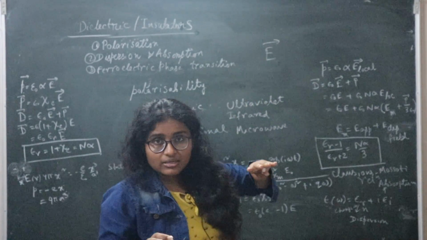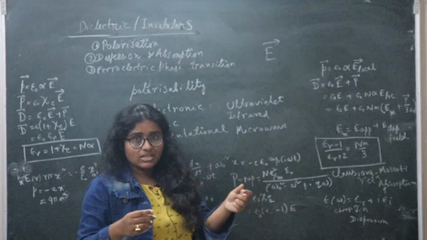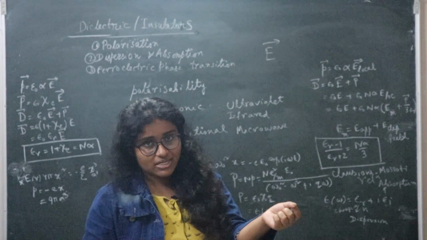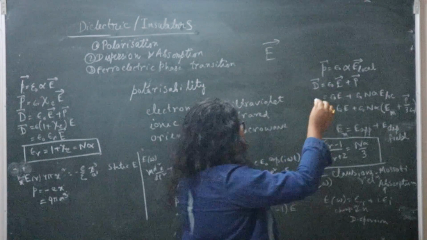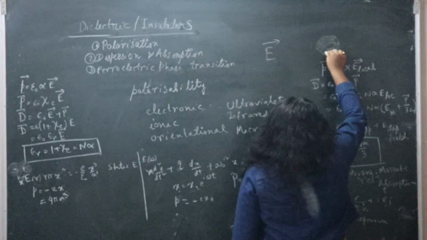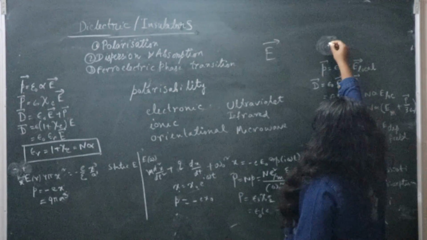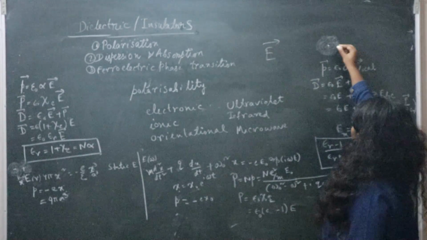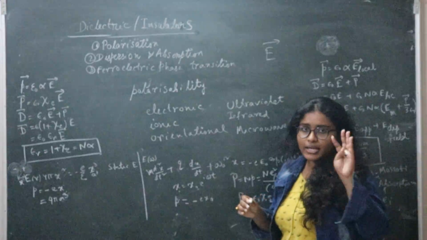Dielectric materials basically have bound electrons, that is, they have positive charges and an equal amount of negative charges. Without an external electric field, if the atoms or molecules are not polar, the center of positive charge exactly coincides with the center of negative charge, resulting in no dipole moment.